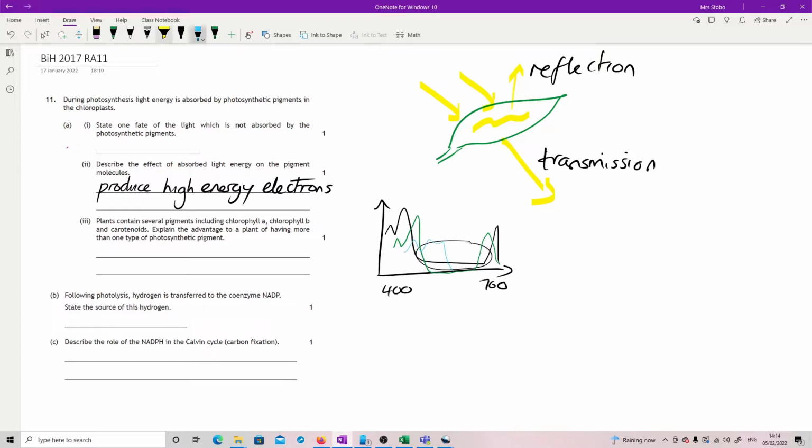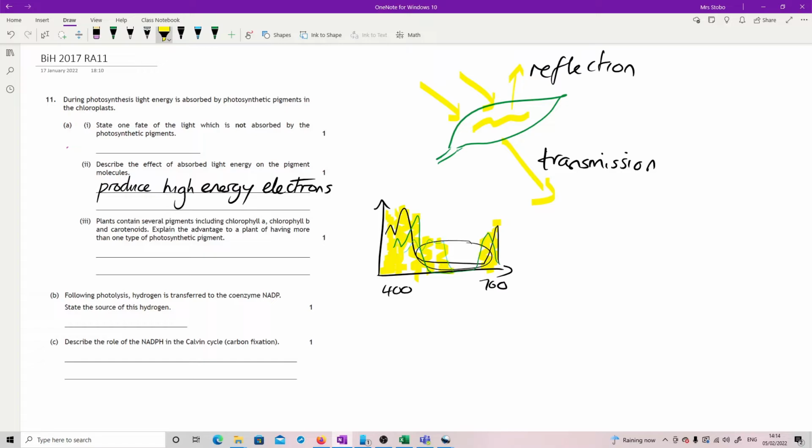So all of these add up to good absorption here, and here, and here, and also into here. We've got a dip in the middle, which is my greenness, but up here is all good as well. So explaining the advantage, you're saying that it broadens the absorption spectrum, or that you can absorb a lot more different bits of light.